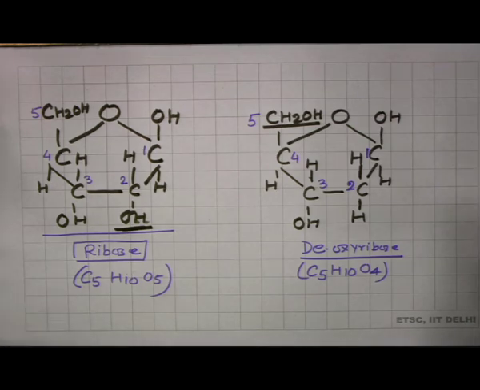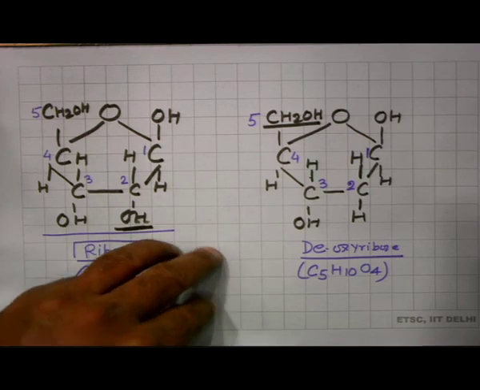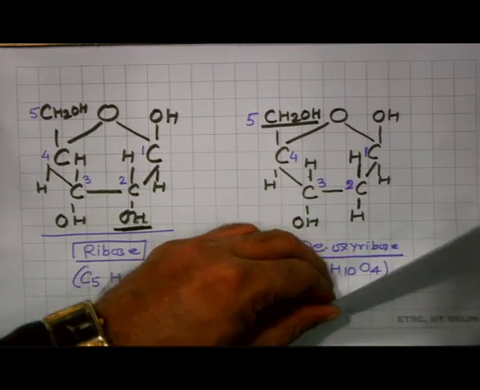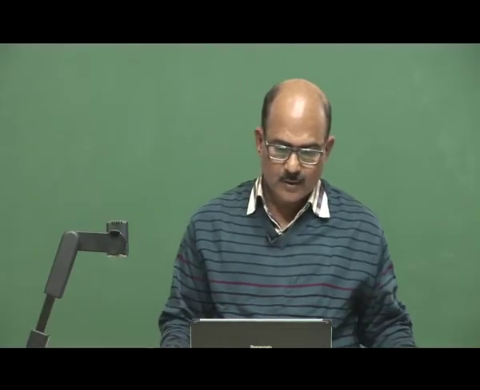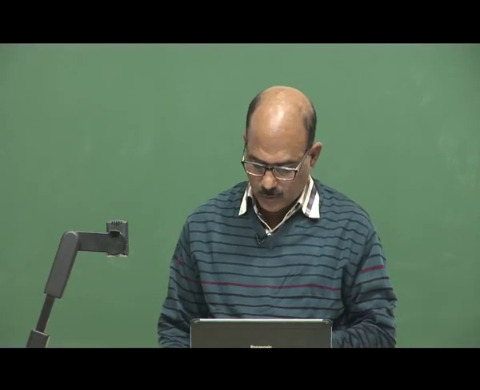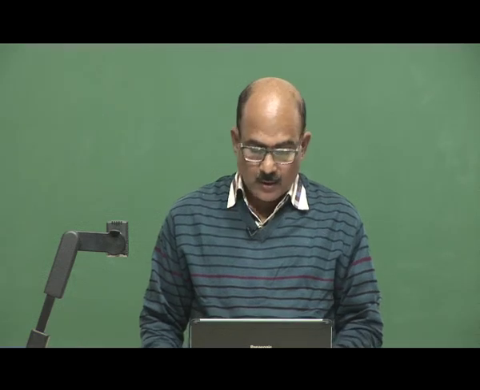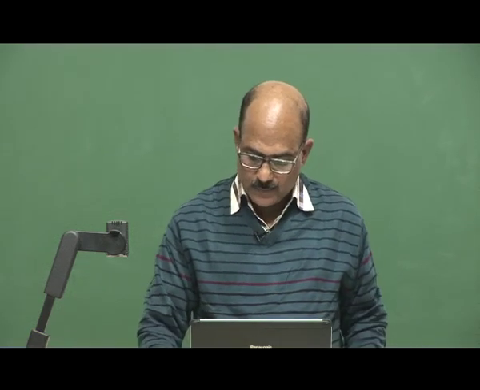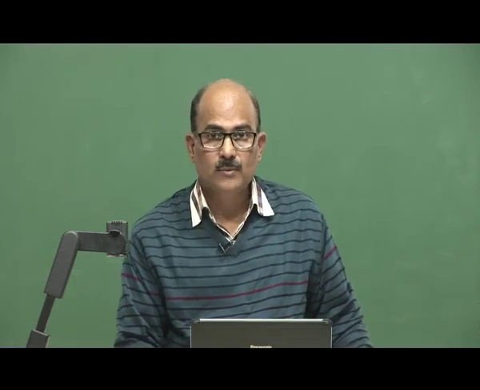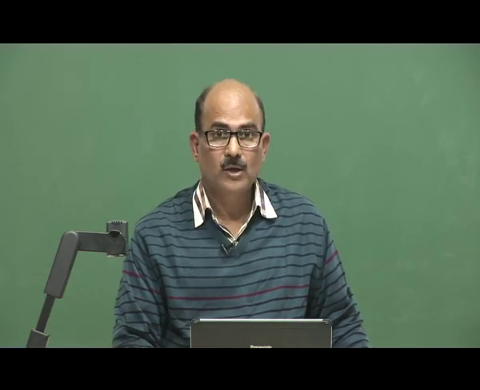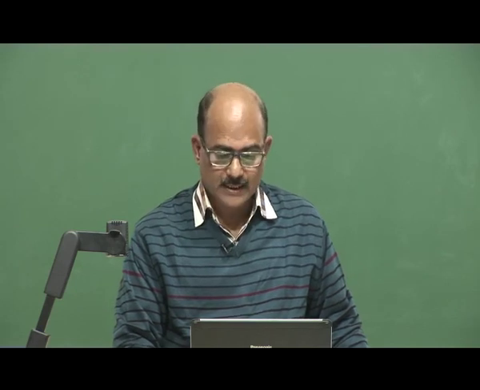Now, after writing all these structures, we are able to form the structure of DNA with the help of these biomolecules, and there is the formation of various types of bonds, called phosphodiester bond, hydrogen bond and glycosidic linkage.